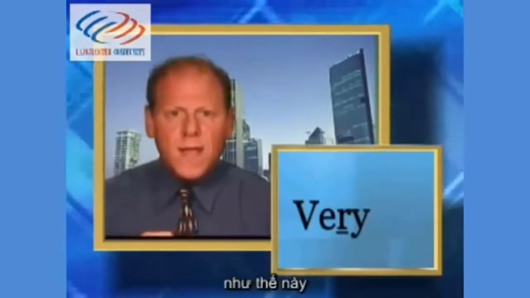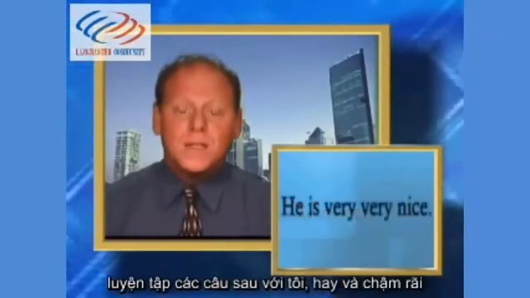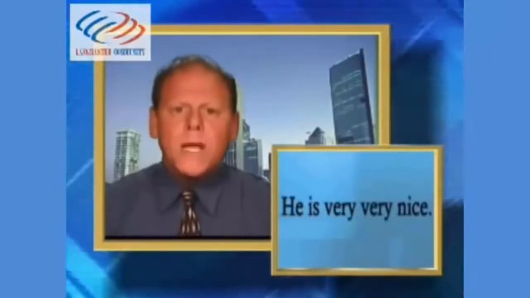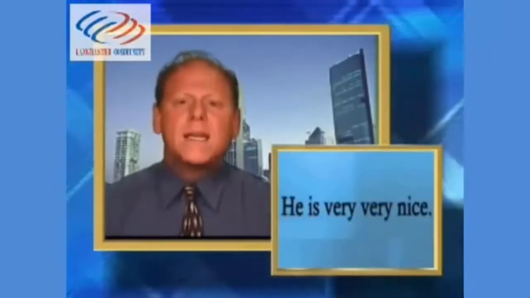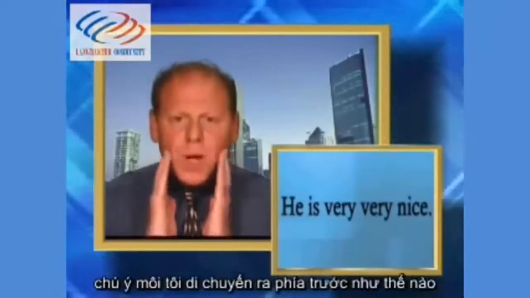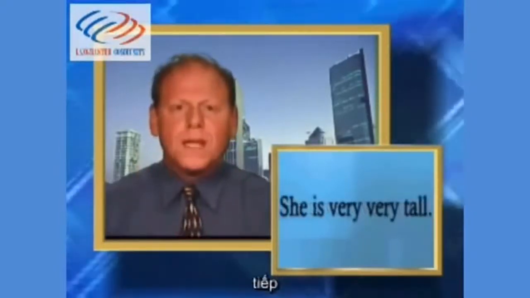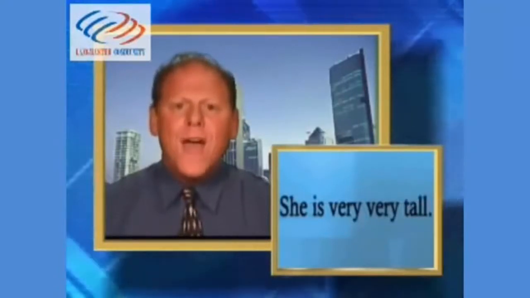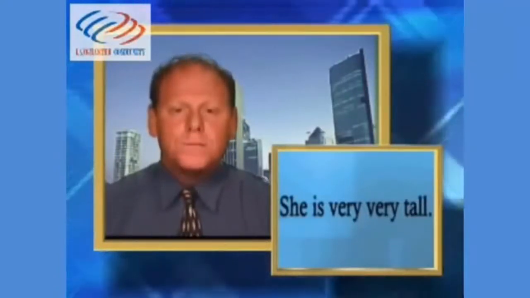Your tongue is back and you push out the R. Very, like that. Practice these sentences with me, nice and slow. He is very, very nice. Like that. See how my lips are coming all the way forward? Next one. She is very, very tall.